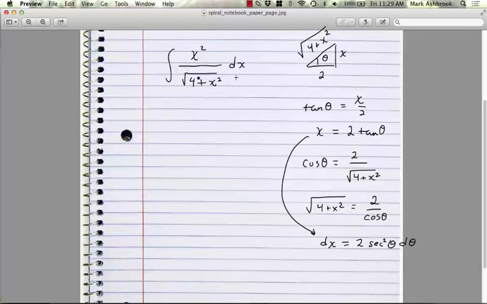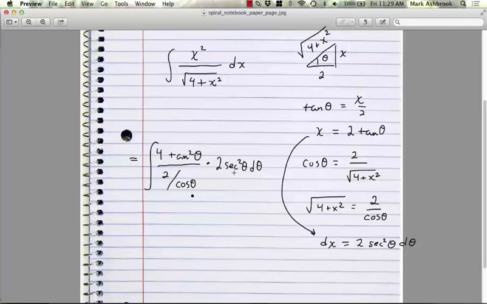So now we're ready to plug everything in. x squared is 4 tangent squared theta. The square root of 4 plus x squared is 2 over cosine theta. dx is 2 secant squared theta d theta.